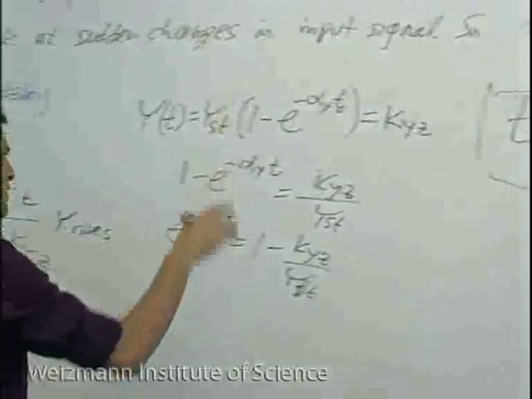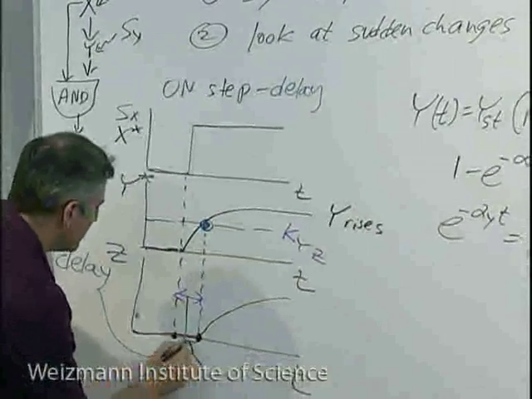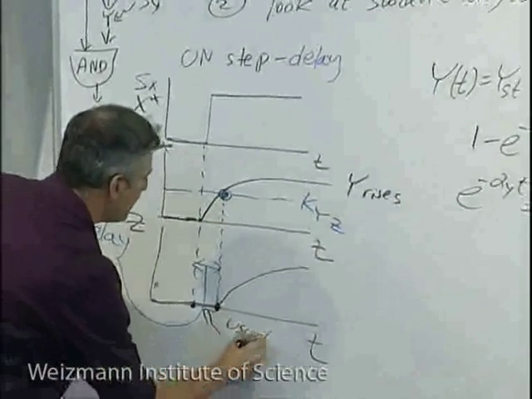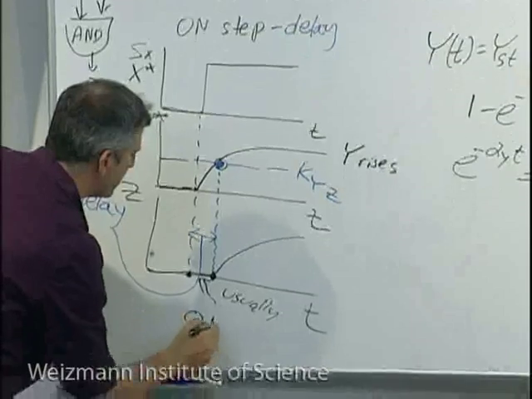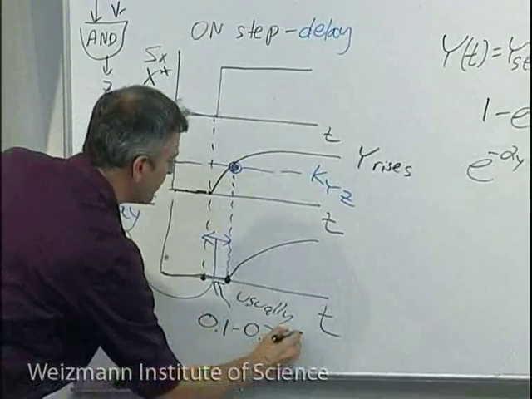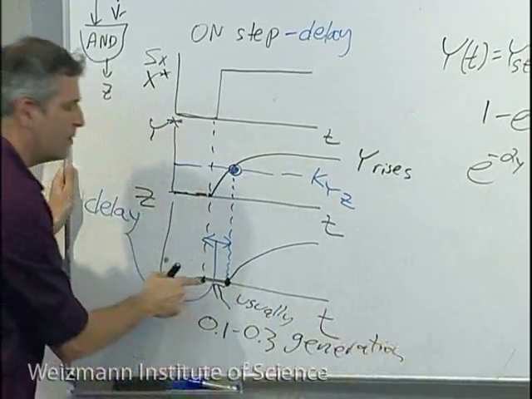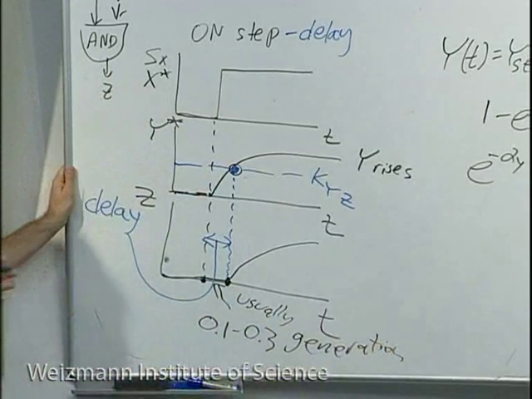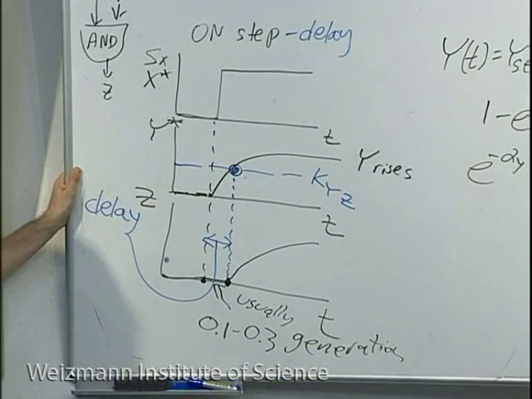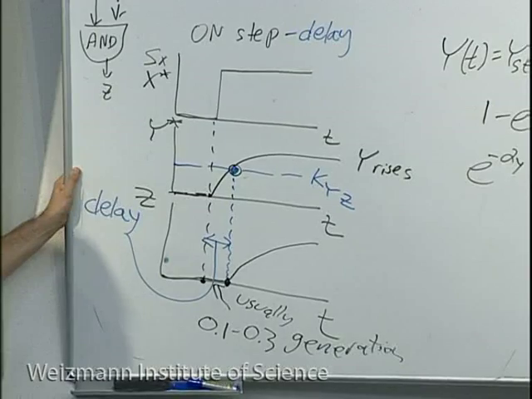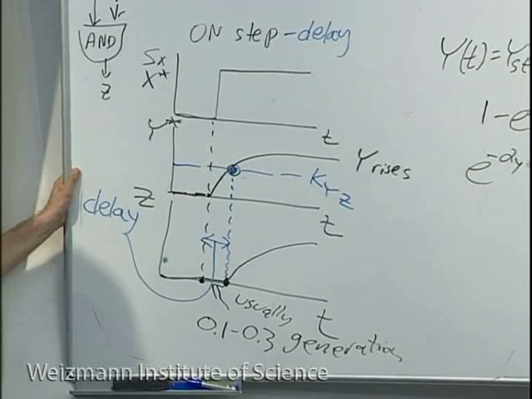You can plot this function. It's an interesting function. In real systems, it's usually something on the order of 1/10 of a generation. Or in E. coli, let's say a 10 minute, 20 minute delay. This is the order of magnitude. You can make it an hour by playing with the parameters.